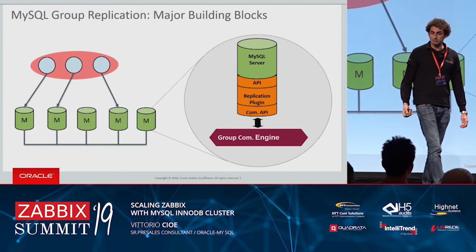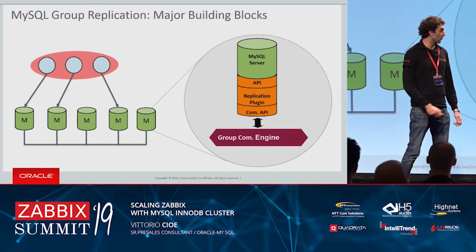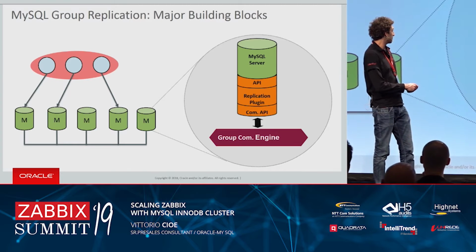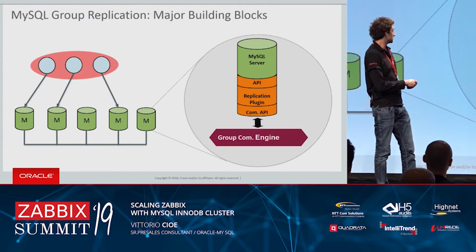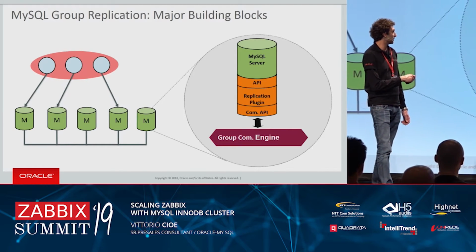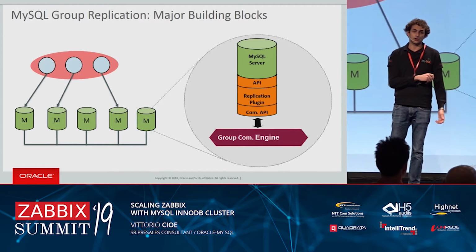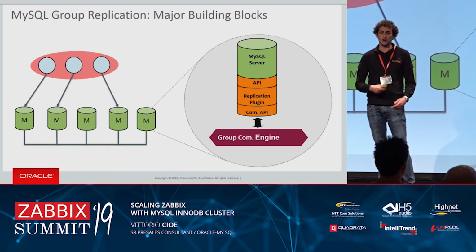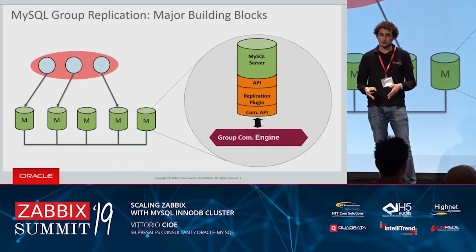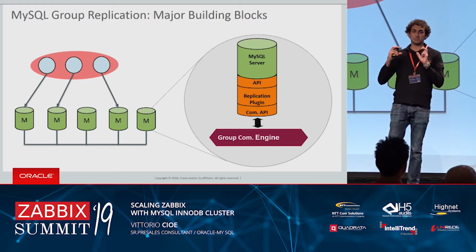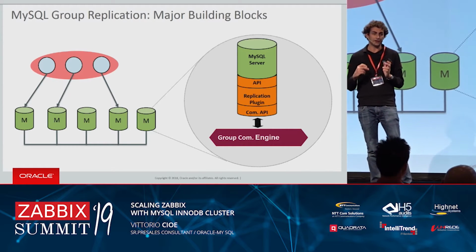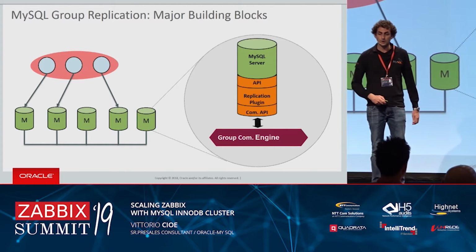Then, the building blocks of group replication. There are two API components which are used to communicate on one side with the MySQL server runtime component, in order for the MySQL server not to have to hook directly into the group replication and to keep the plugin independent and the code beautiful.